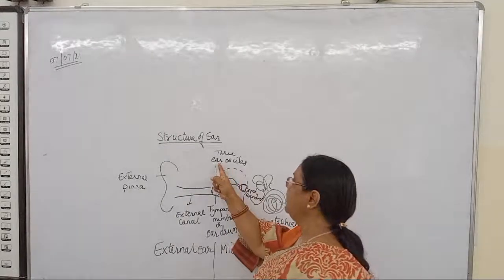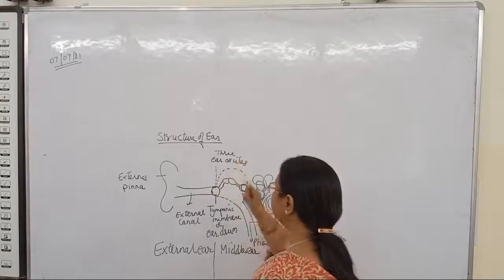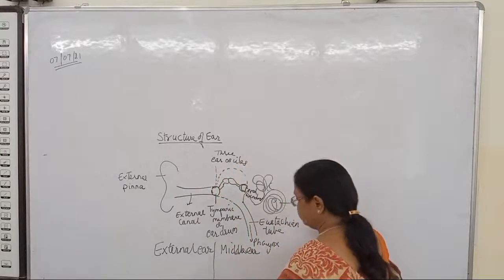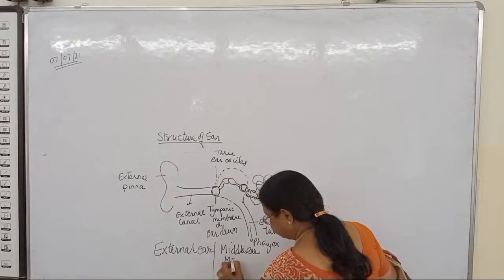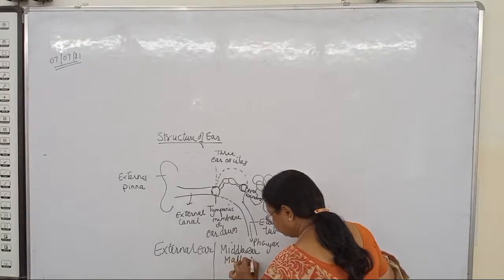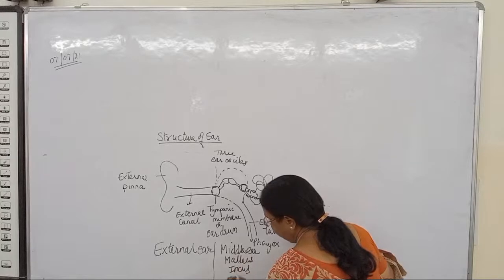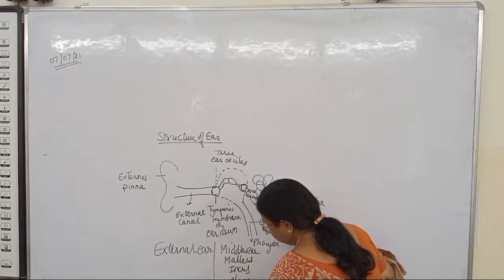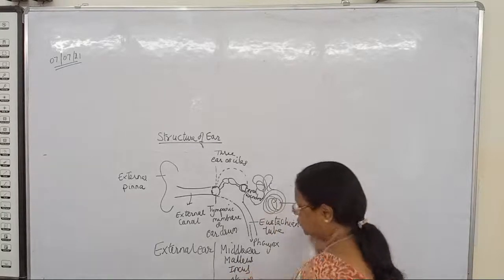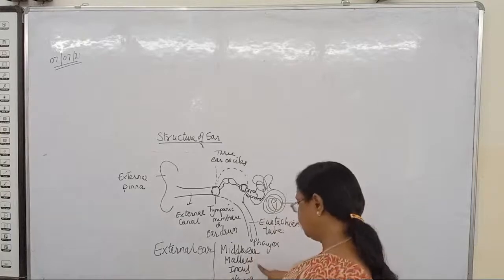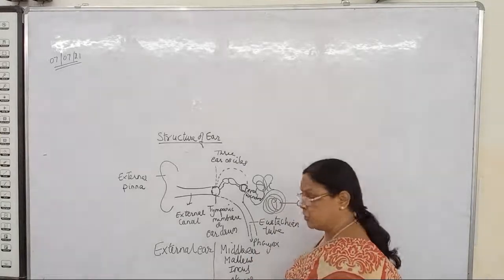So you have three ear ossicles, which are named malleus, incus, and stapes.